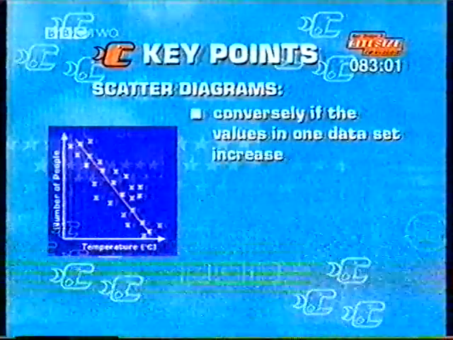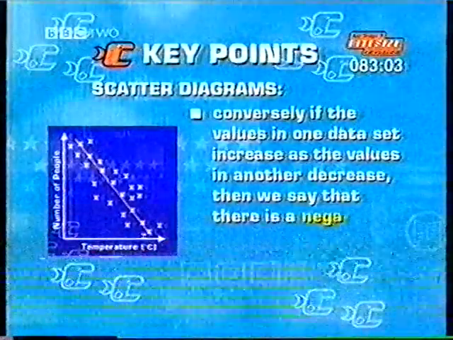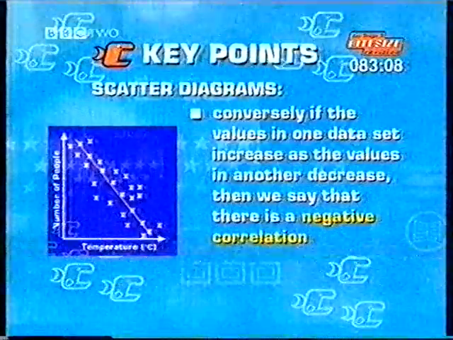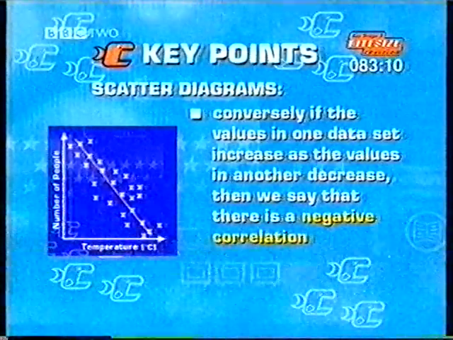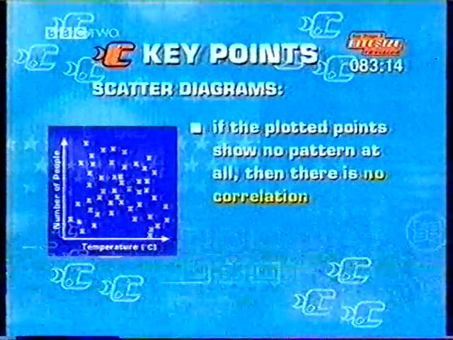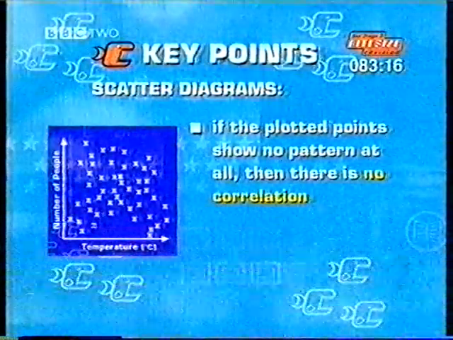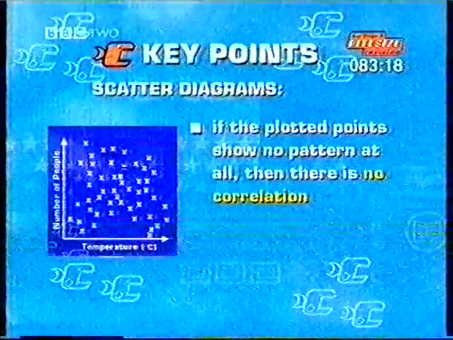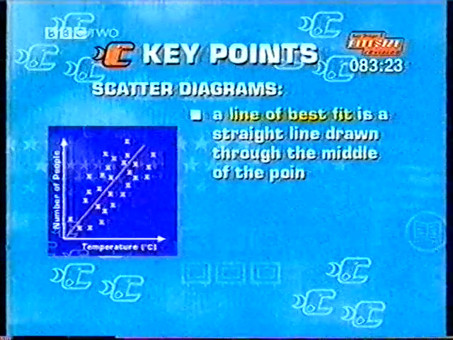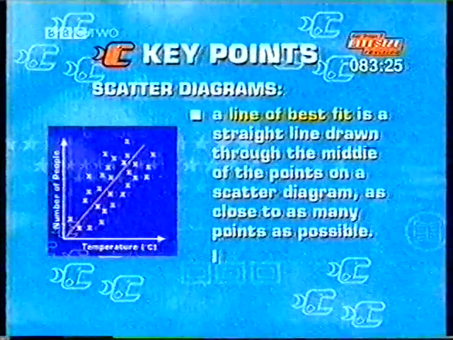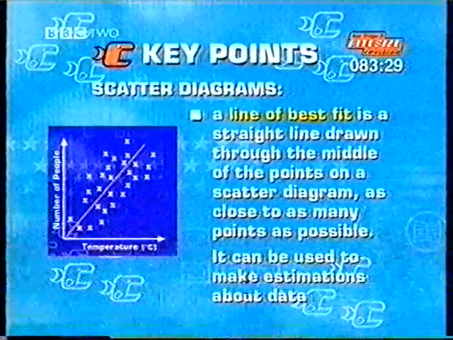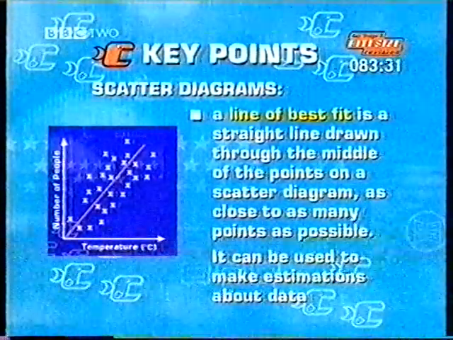Conversely, if the values in one data set increase as the values in another decrease, then we say that there is a negative correlation. If the plotted points show no pattern at all, then we say that there is no correlation. A line of best fit is a straight line drawn through the middle of the points on a scatter diagram, as close to as many points as possible. It can be used to make estimations about the data.